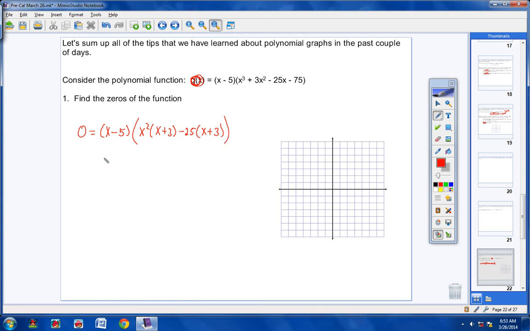Alright, so now write down the matching parentheses once, and you're left over with x squared minus 25. And of course that can be factored again.